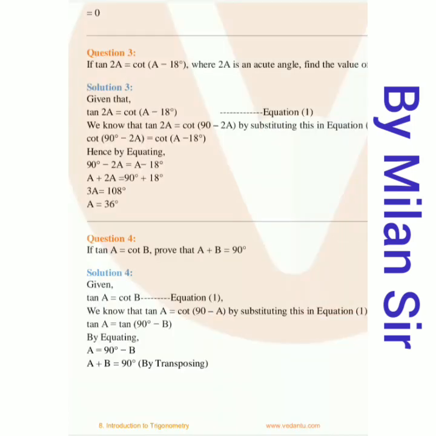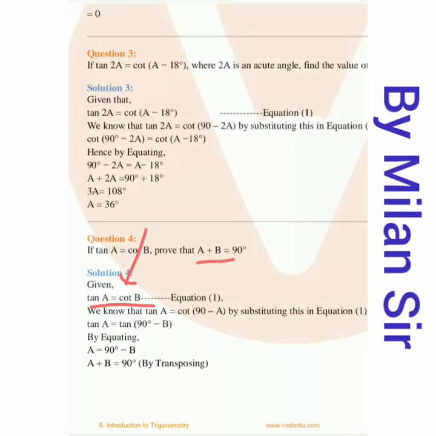Again, a similar type of question is here. If tan a is equals to cot b, prove that a plus b is equals to 90. So again, start with tan a is equals to cot b. Here is a relation between angles. If we find out the angle from this function, meaning tan a is equals to cot b, again we need the same function on both sides.